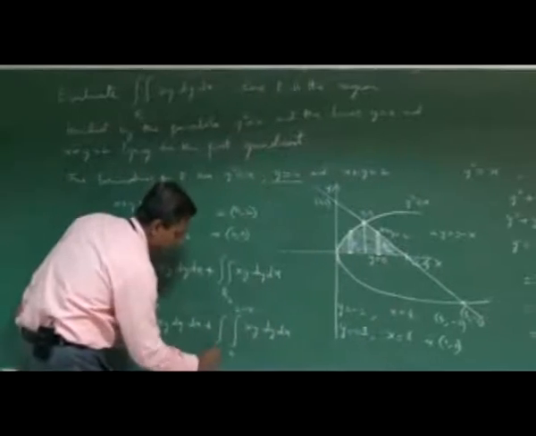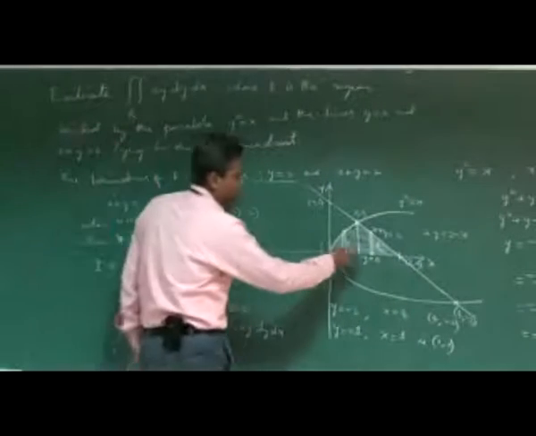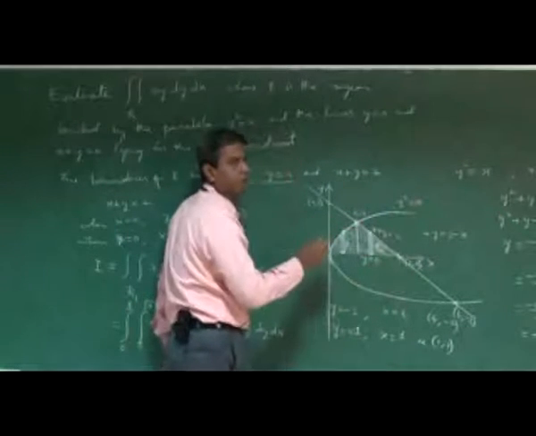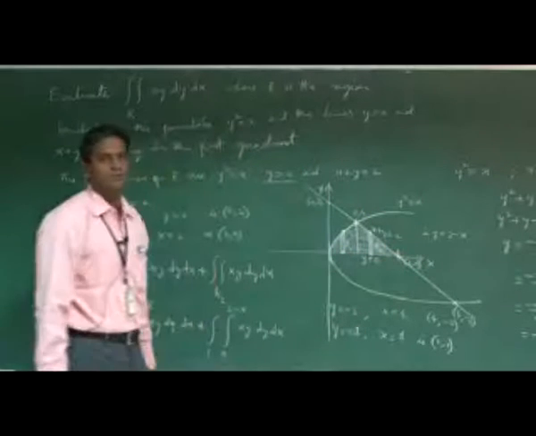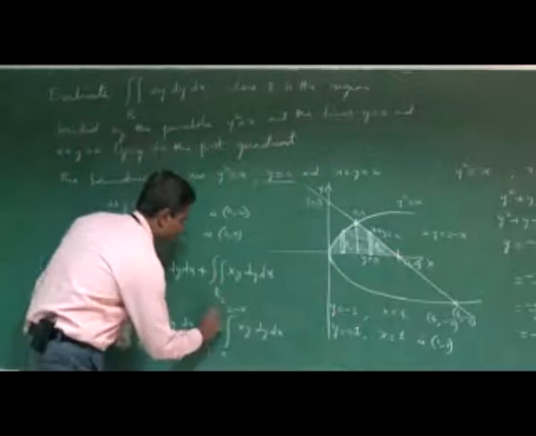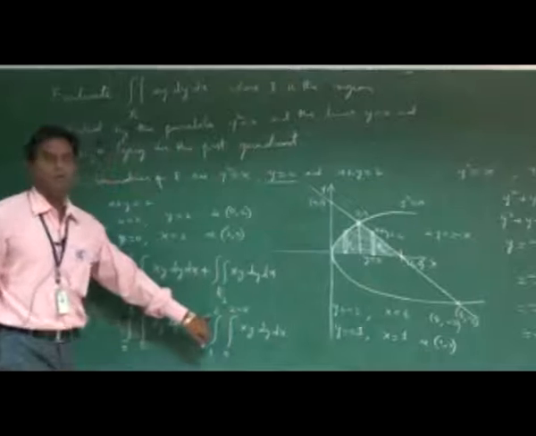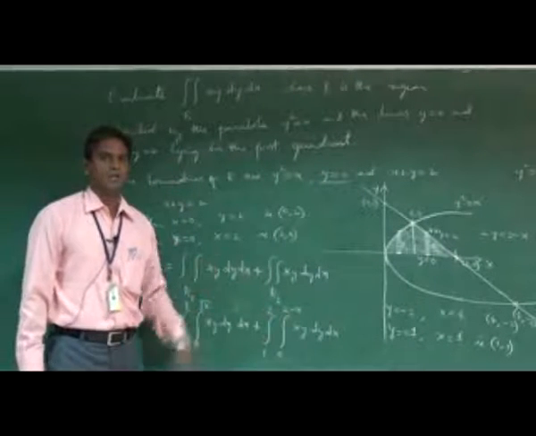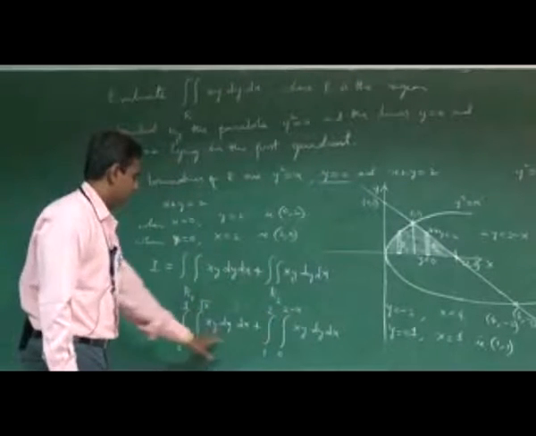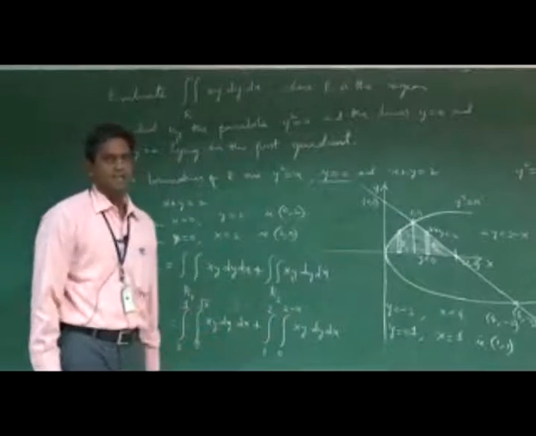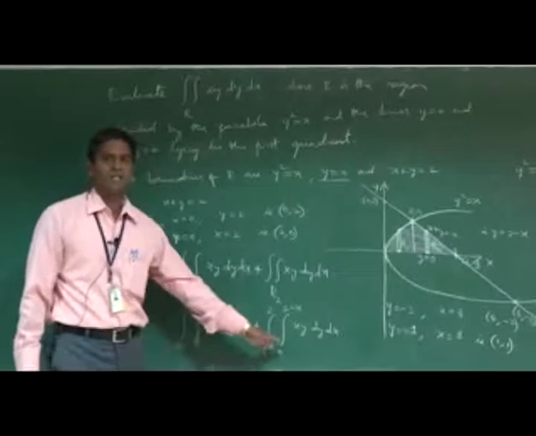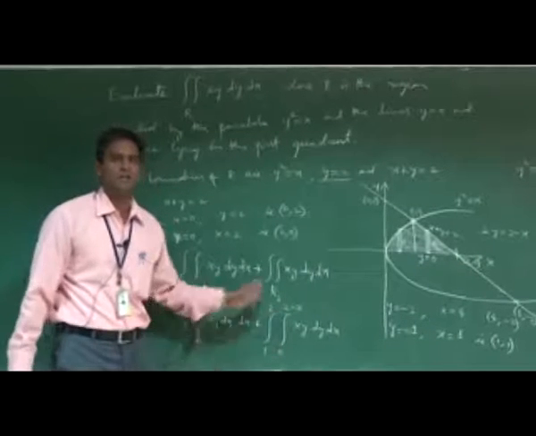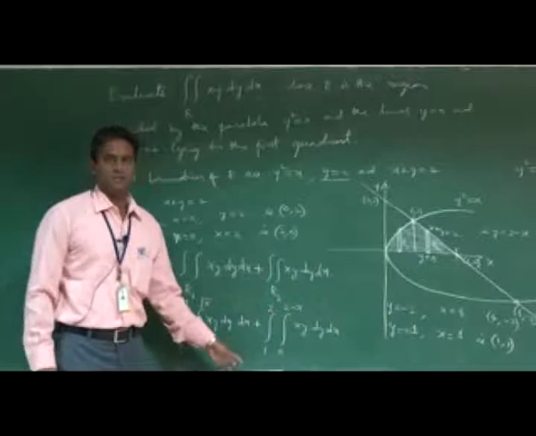The lower limit of x is 1, and moving in the right hand direction, it meets the maximum value of x, which is 2. So the upper limit of x is 2. So we fix the first region and second region, and we can calculate the first region alone and the second region alone, or we can proceed simultaneously like this.